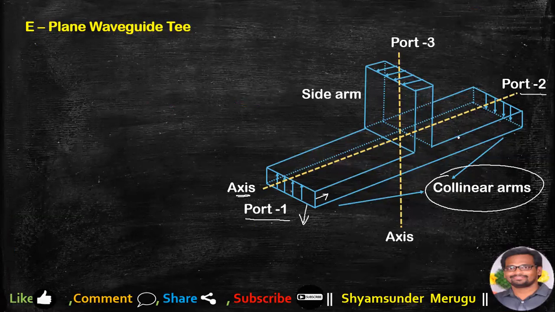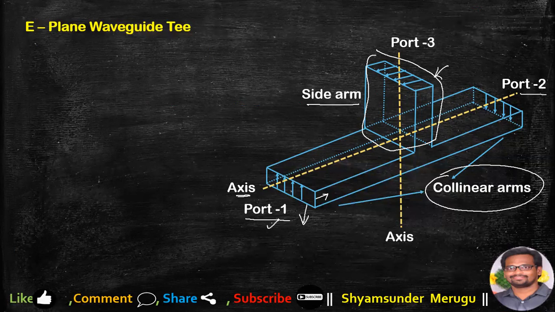For this waveguide, along the rectangular waveguide, at the middle, if we cut the broader section and attach a waveguide like this, then that forms an E-plane waveguide T. The part which is attached to the rectangular waveguide section is called the side arm, whereas the port 1 and port 2 parts of the waveguide are called the collinear arms.